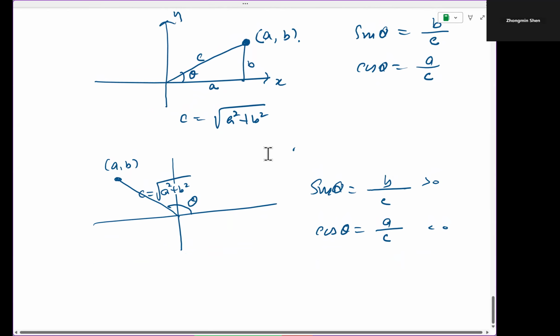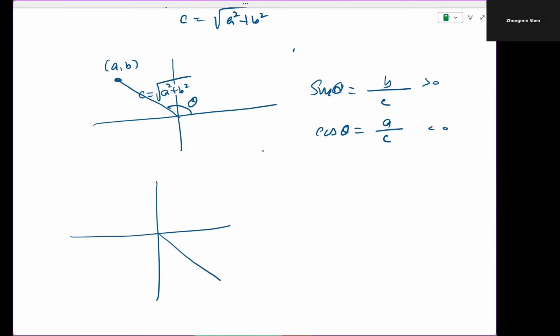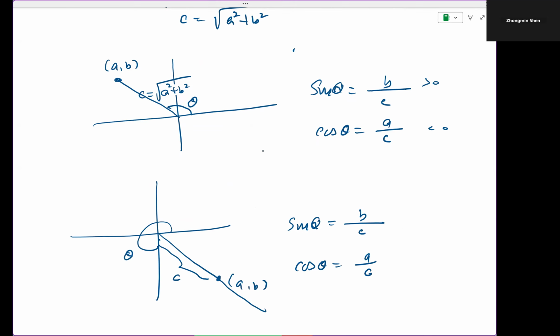Got it? Small change. You can define anything. So even with this angle here, and this is theta, you take an arbitrary point here, and you look at the coordinates A and B, and then the distance is C. Then you still can say sine theta is going to be B over C, cosine theta equals A over C. Now, what is the sign of sine theta in this case?